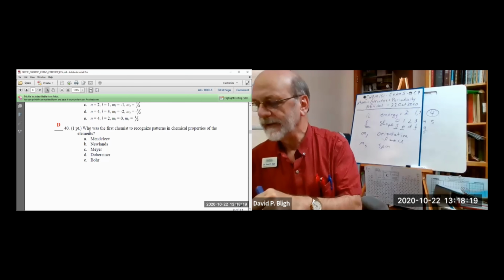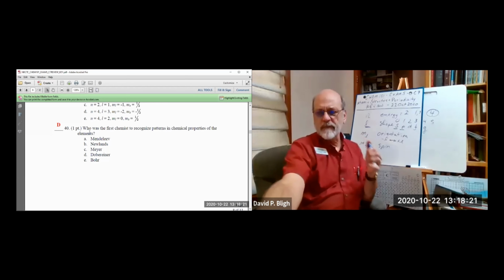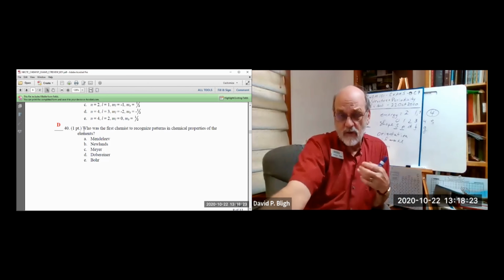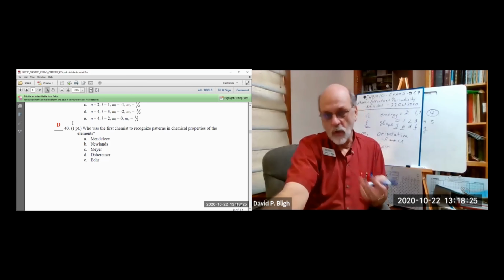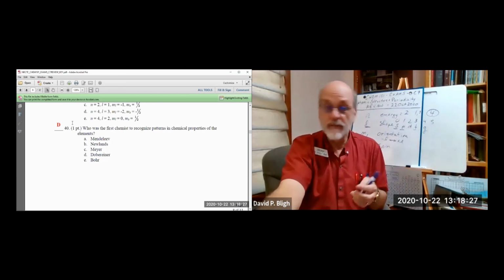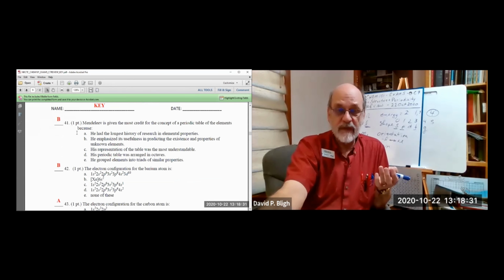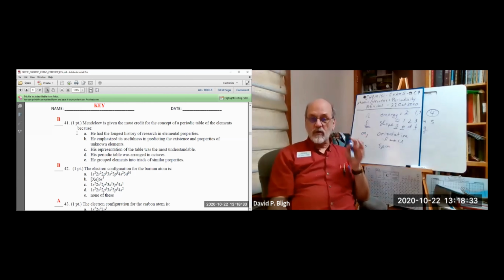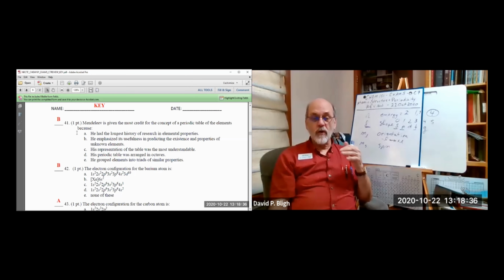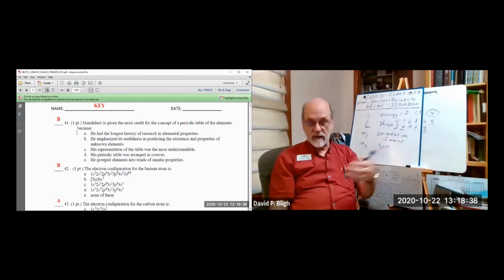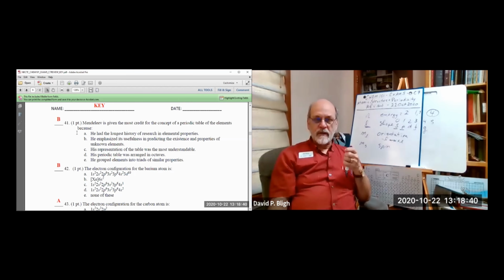Okay. While we're on the topic, why was Mendeleev given credit for the whole concept of the periodic table? The reason Mendeleev was given credit, even though Lothar Meyer also presented a periodic chart, was that Mendeleev went one step further. He made predictions.